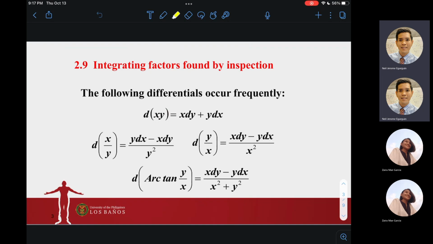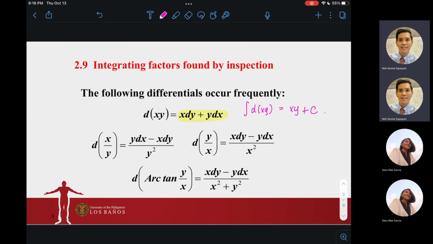Right? So the idea is try to expand the given ODE and hope that you will get x dy plus y dx. Because if you have that, pwede mo siyang palitan ng d(xy). At bakit siya maganda? Kasi pag nag-integrate ka ng d(xy), right, equal lang to kay xy plus constant c.